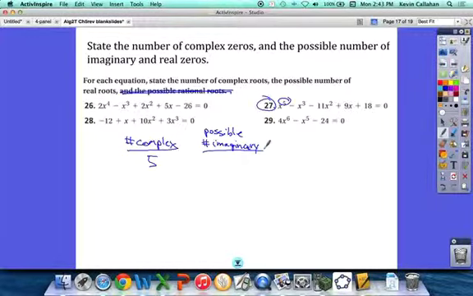They're coming from after the plus and minus. That's where the I comes from. So if it's going to have both a plus and a minus, that's an even number. So when you want to know the possible number of imaginary, you got to think of what are all the even numbers less than or equal to 5? 0, 2, and 4.